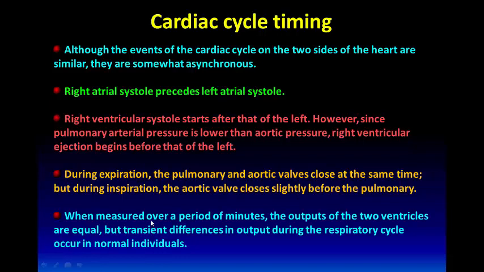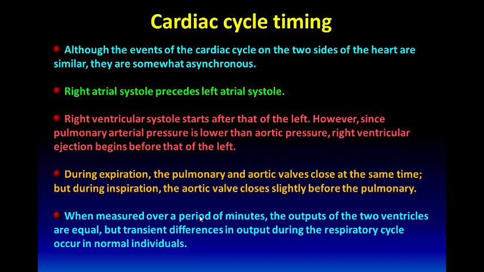When measured over a period of minutes, the outputs of the two ventricles are equal. However, transient differences in the output during the respiratory cycle occur in normal individuals. So left ventricular output is equivalent to right ventricular output when the output is measured over a period of minutes.